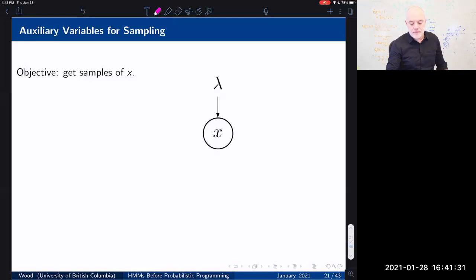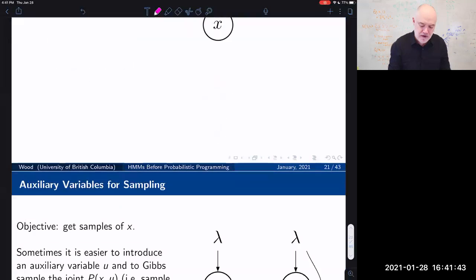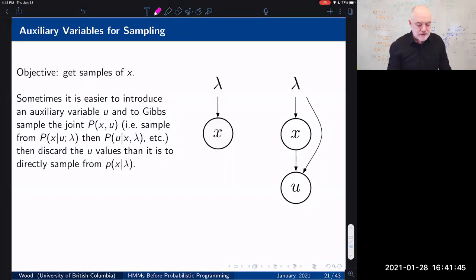So forget the HMM for a second. Let's say that we want to get samples of X, and it's governed by some distribution with parameter lambda, okay? Fine. So sometimes, oddly, it's easier to introduce an auxiliary variable u and to then Gibbs sample the joint distribution.